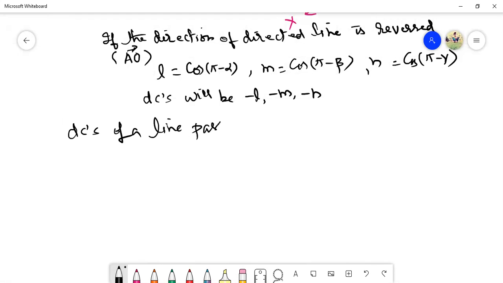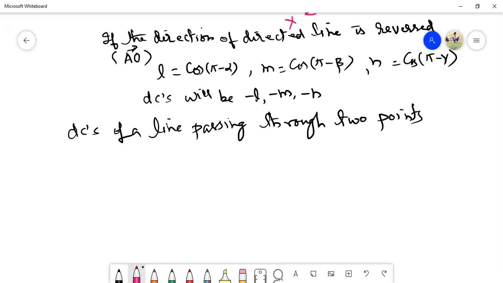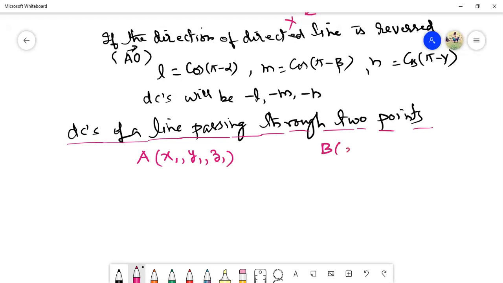Suppose it is passing through a point A whose coordinates are x1, y1, z1, and another point B is x2, y2, and z2. Find the DCs.